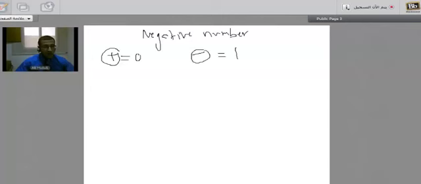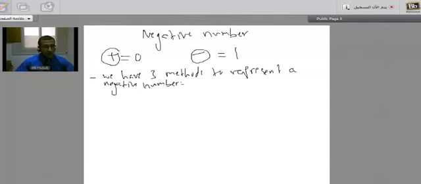Now we have three methods to represent a negative number.